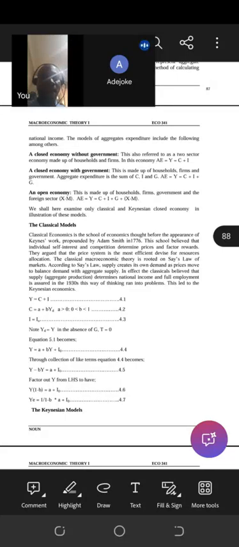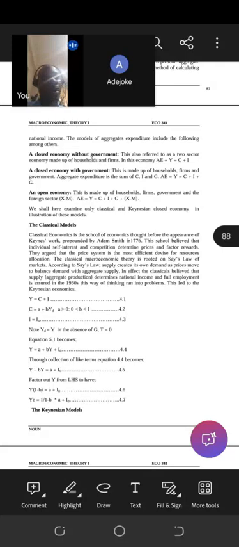They should find the equilibrium income Y. It's not difficult. It might be a compulsory question because that's one of the biggest topics in macroeconomics exams.